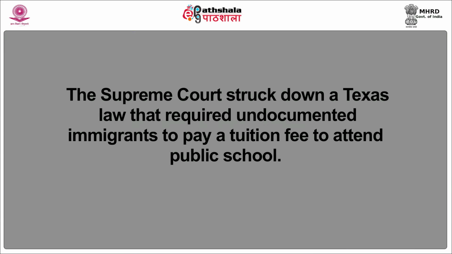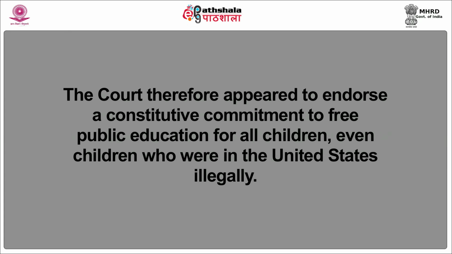The Supreme Court struck down a Texas law that required undocumented immigrants to pay a tuition fee to attend public school. The court therefore appeared to endorse a constitutive commitment to free public education for all children, even children who were in the United States illegally.